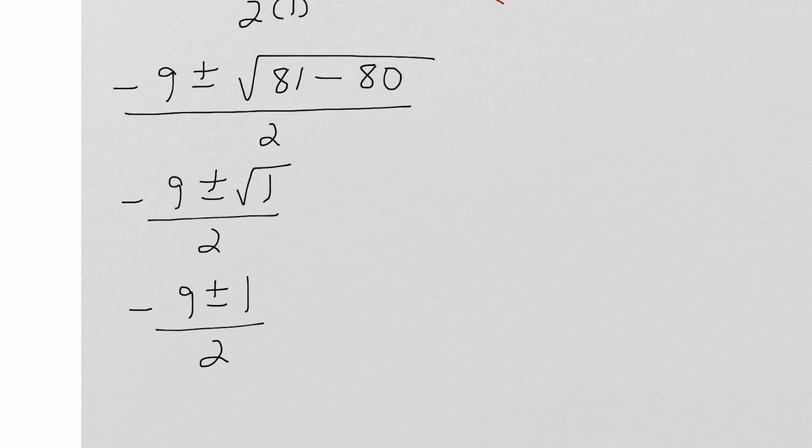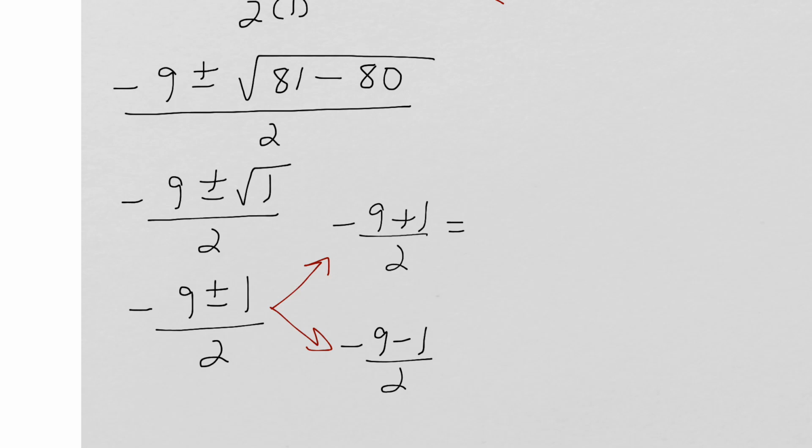It's at this point that we need to break this up into 2 different solutions. One solution is going to be negative 9 plus 1, all over 2, using the plus. The other one is going to be negative 9 minus 1 over 2. Working each of these individually, this gives us negative 8 over 2, which is negative 4.